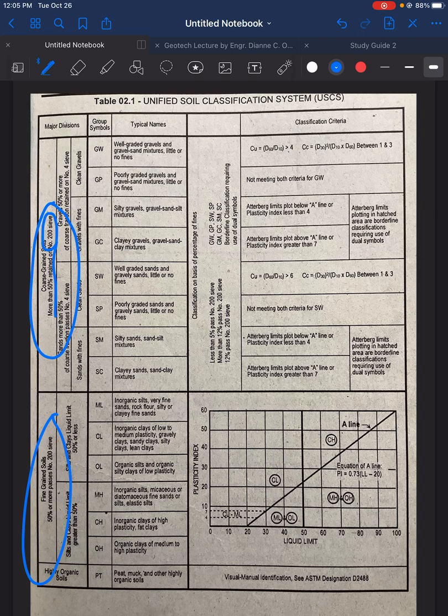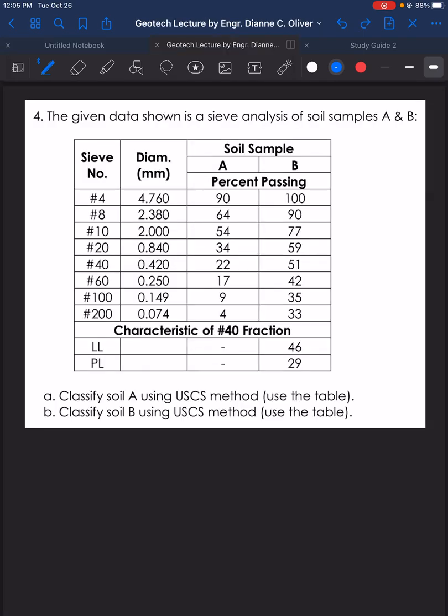So we need to look at the data for number 200 sieve. So this is number 200 sieve. And it says here, under soil sample A, the percent passing here is 4%. Now, what can we say about the data wherein the percent passing for number 200 is only 4%?